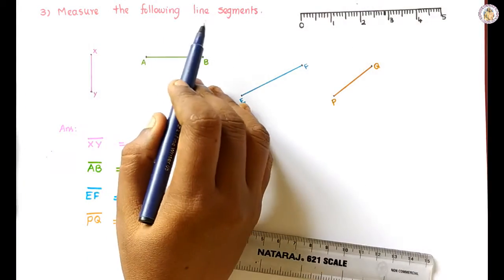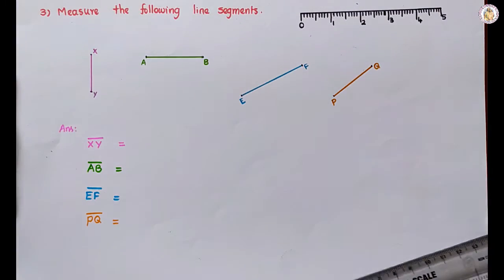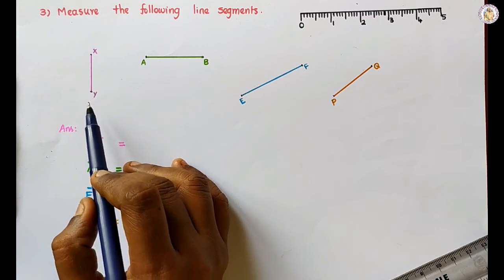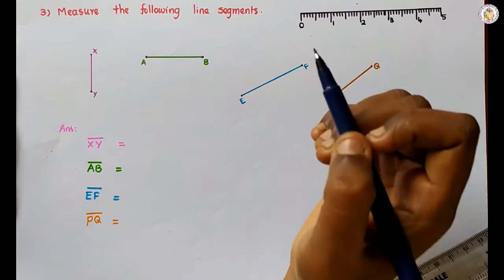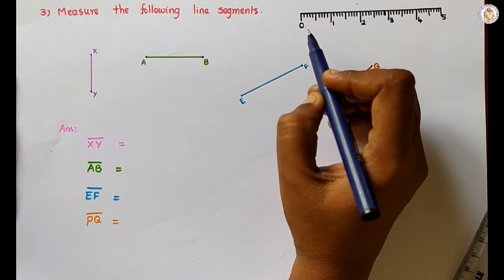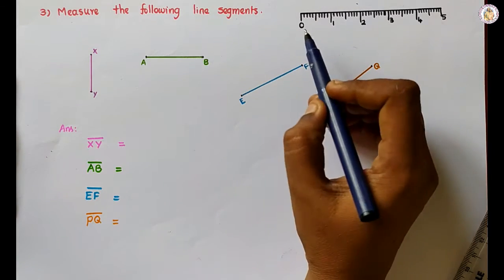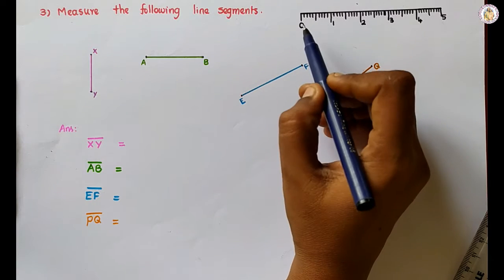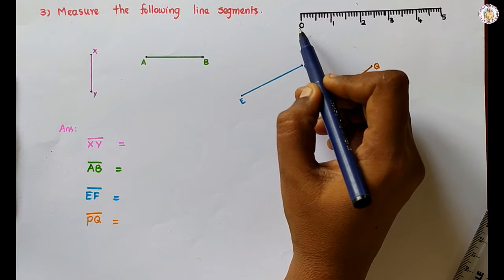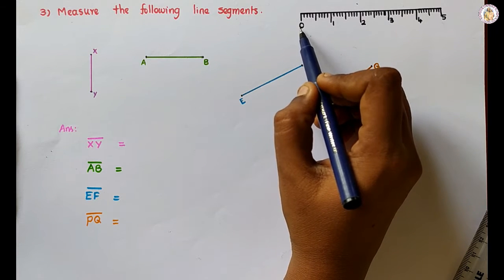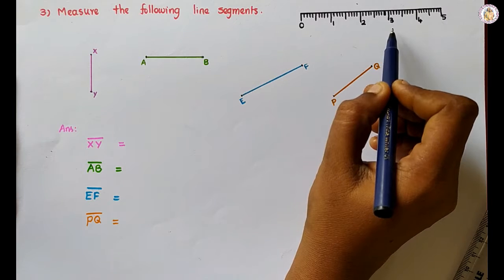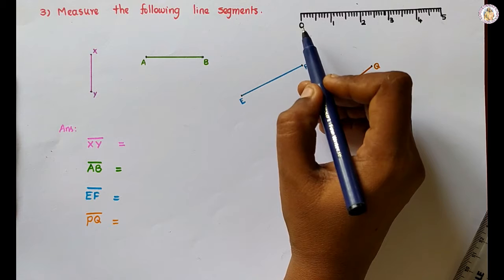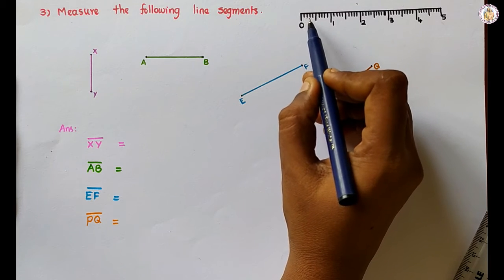Measure the following line segments. Listen, they have given the line segments. We have to find out the measurements of the line segments. First, you have to know about the scale. Centimeters, meters. Listen, this is the scale. From 0, the numbers start 0, 1, 2, 3, 4, 5. These are the centimeters. In between the centimeters, 10 small lines are there.